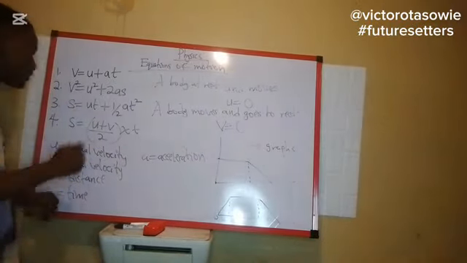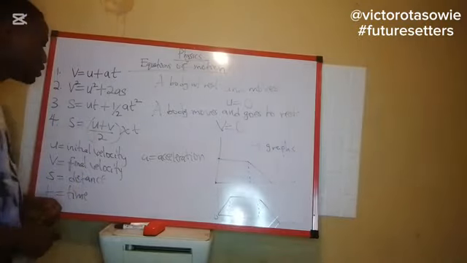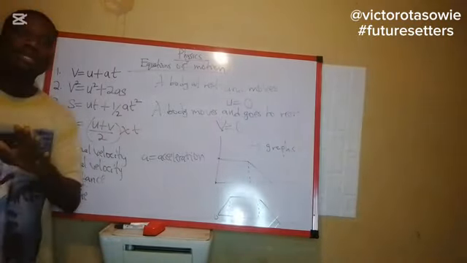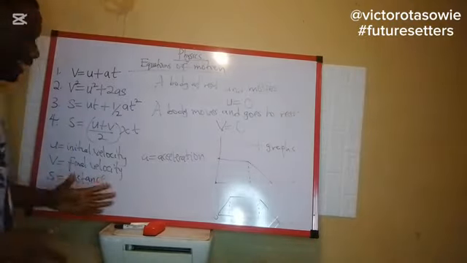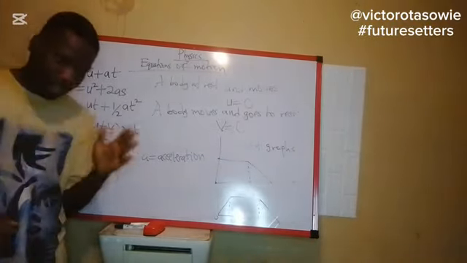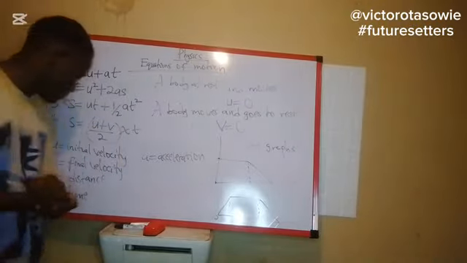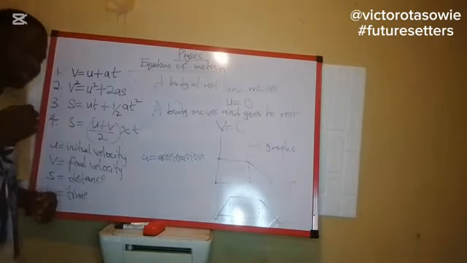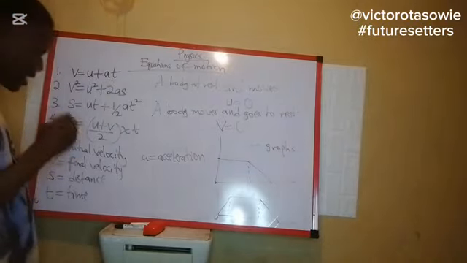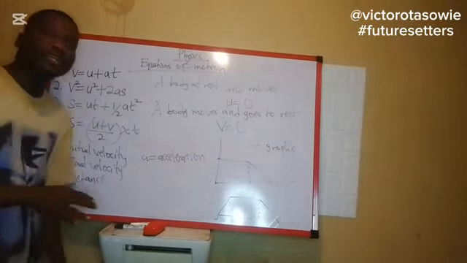The fourth one says S is equal to U plus V over 2 times T. If you can understand this, you are good to go. Then know that U stands for initial velocity, V for final velocity, S for distance, T for time, A for acceleration.